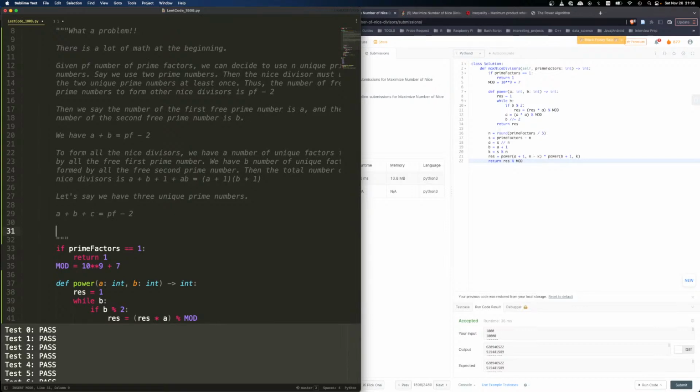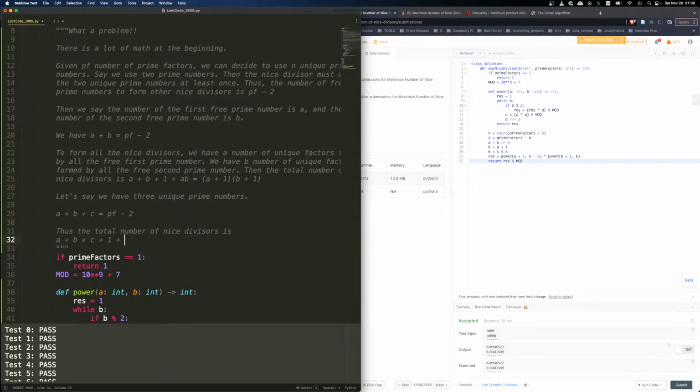Then the total number of nice divisors is a plus b plus c plus 1 plus ab plus ac plus bc plus abc, which equals a plus 1, b plus 1, c plus 1.